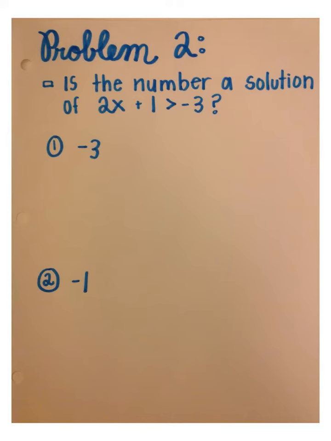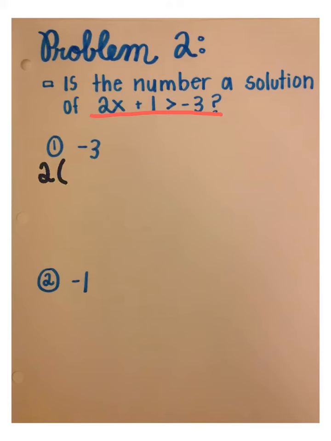Okay, so now that we've practiced writing inequalities, I want to see if I can identify a solution. The inequality given here is 2x plus 1 is greater than -3. For the first problem, they want to know if -3 is a solution to this inequality. So what you can do is plug in -3 for x.